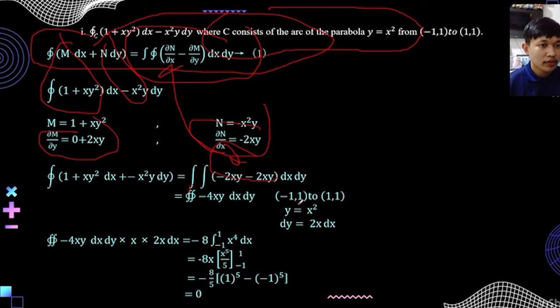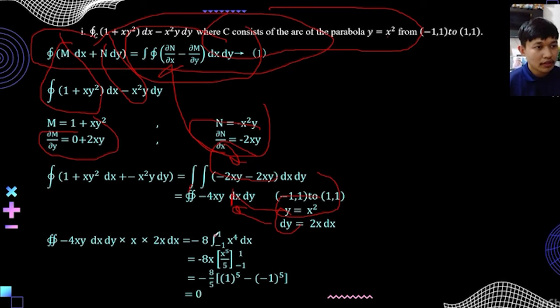So we write the equation y equal to x squared and we differentiate, so we get dy equal to 2x dx. After that, we put all the values into the equation. We substitute the dy and y. After we calculate, we get negative 8 x to the power of 4 dx.